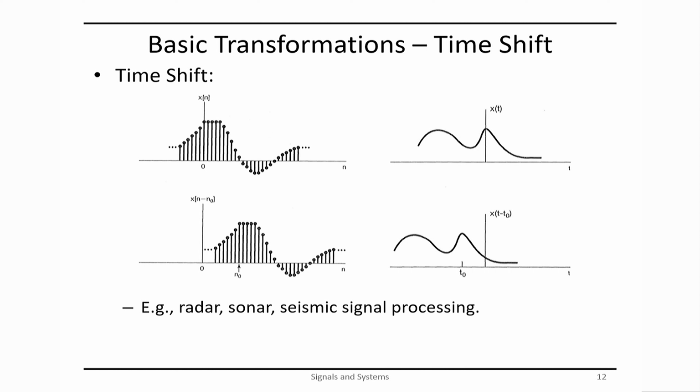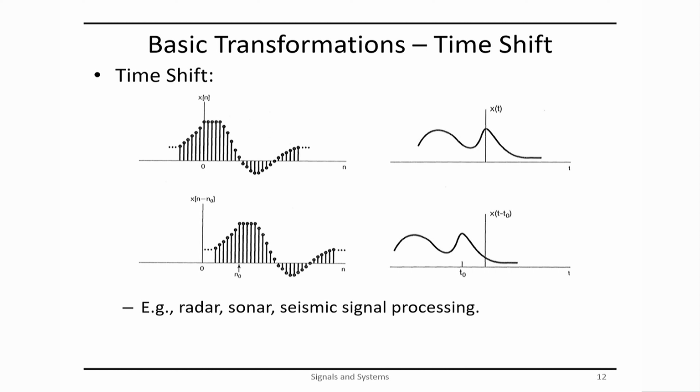So here we're going to introduce some basic types of transformations of the independent variable, starting with time shift, which is probably the most intuitive to understand, okay? So what is the time shift?